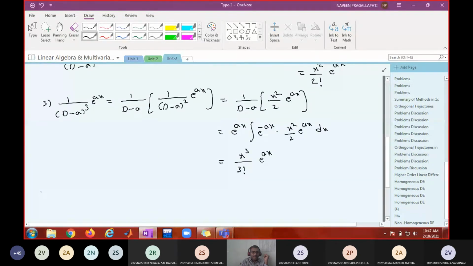Therefore, in general, what formula can I write? If it is 1 by d minus a whole power m of e power x, what will be the formula? x power m by m factorial e power x. Agreed?